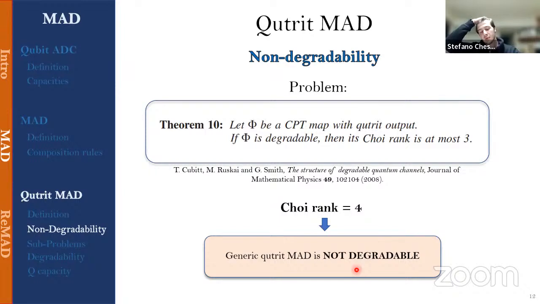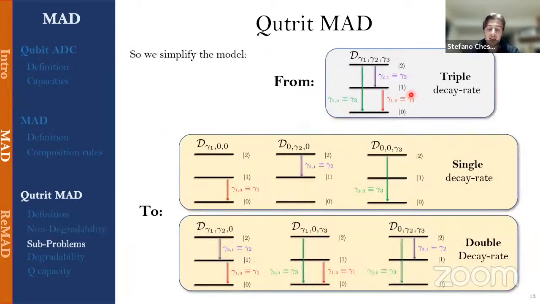And for what we said before, we're not able to express in a simple closed formula the quantum capacity for this kind of channels. So what we did to address the problem was to simplify the problem by killing at least one of the Kraus operators in order to reduce the Choi rank. And so by killing 1 or 2 Kraus operators, we get a subclass of double decay rate Q3 multi-level amplitude damping channels and a single decay rate subclass of multi-level amplitude damping channels.